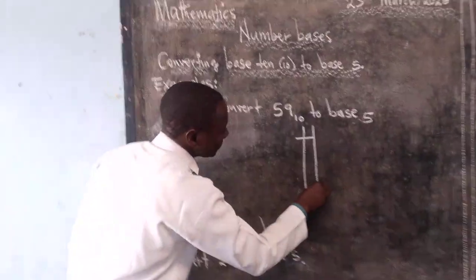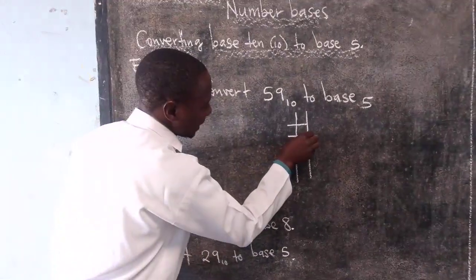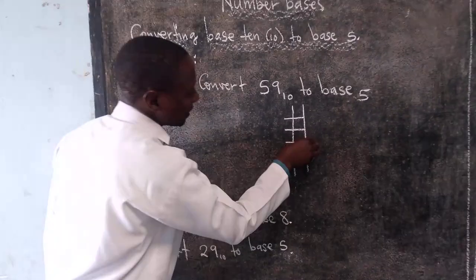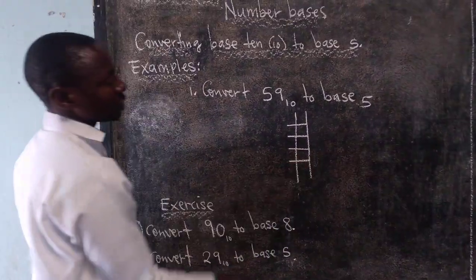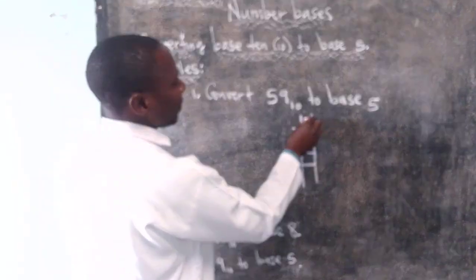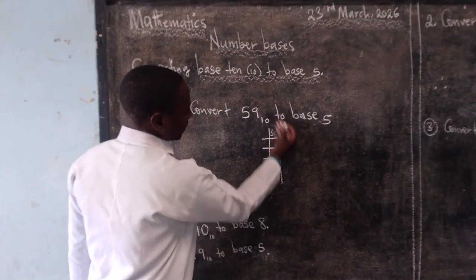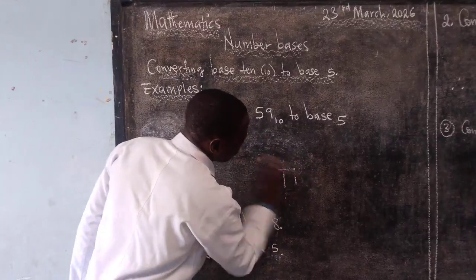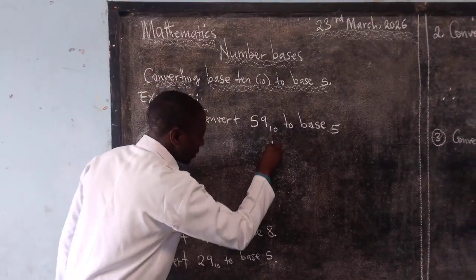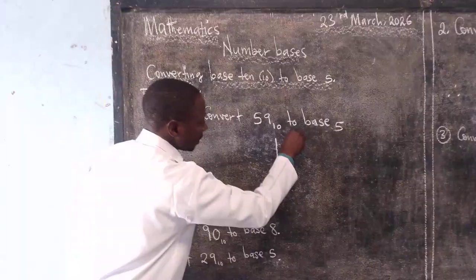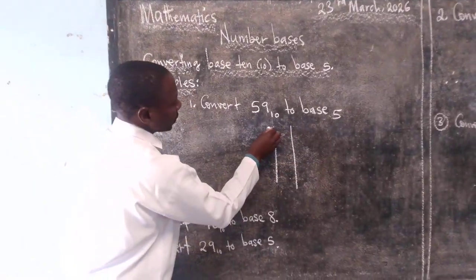Cut another line. Cut like this. Which one is the big number? 59. Okay? Let me draw it nicely. Line number 1. Line number 2.